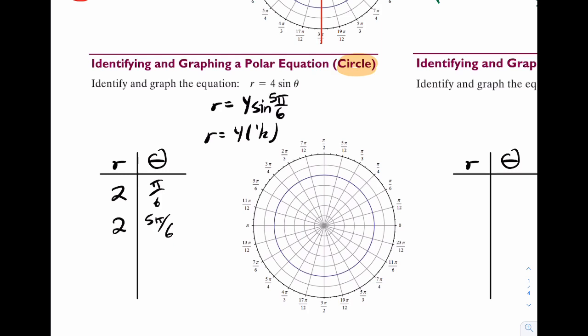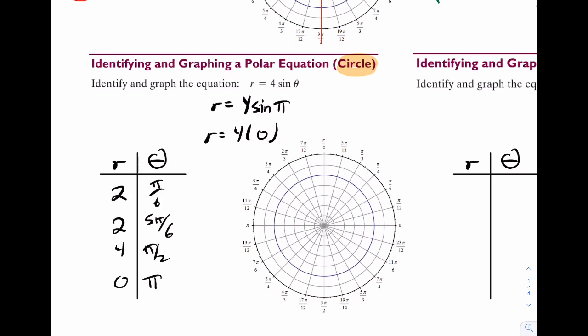And then let's plug in pi over 2. That'd be 1. That's going to be 4. And the last one I'm going to pick is pi. Now that's pretty cool because sine of pi is 0, which means we actually get pi comma 0.